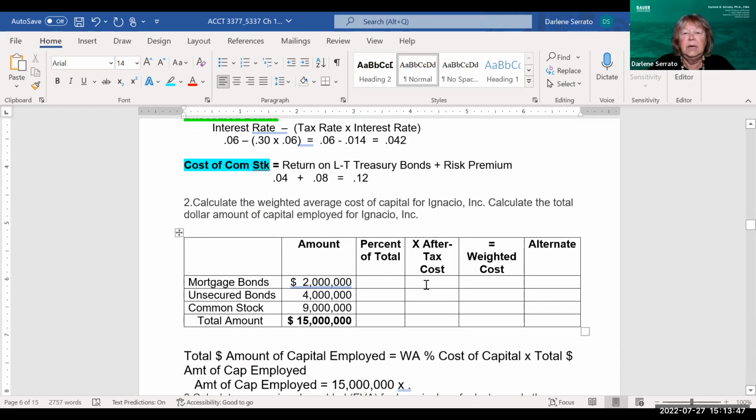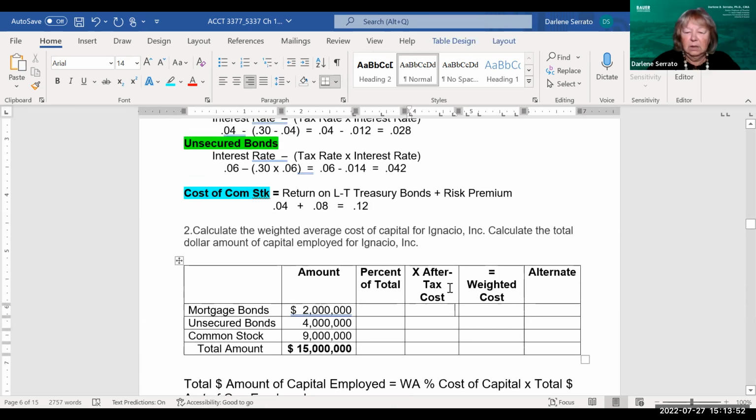Okay, so now we're going to plug these numbers in here. So this is 0.028. This is 0.042. This one is 0.120.